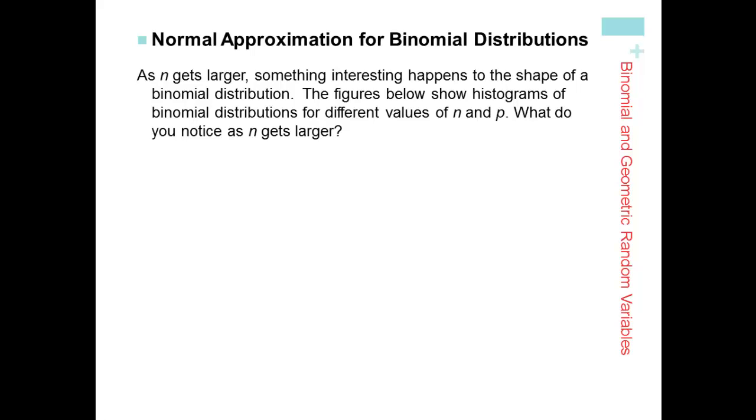Performing normal approximations for a binomial distribution. As the number in the sample gets larger, interesting things happen to the shape of a binomial distribution. The figures below show histograms of binomial distributions for different values of n and p. What do you notice as n gets larger?